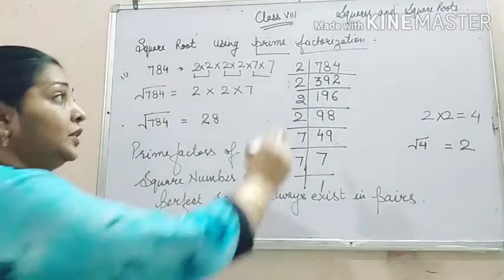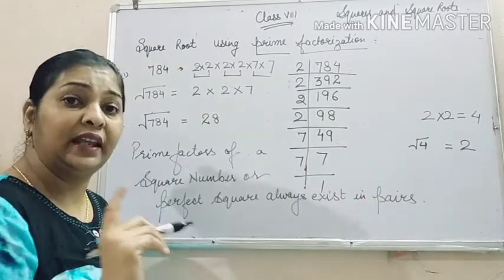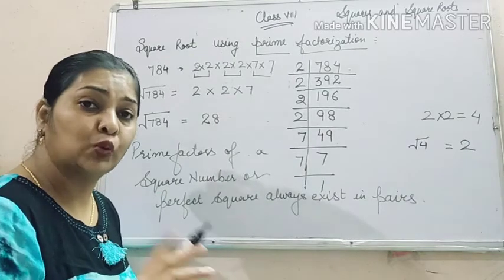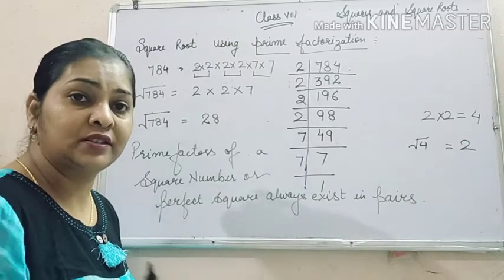Okay, if we find that the factors are not in pairs, that means that number is not a square number or perfect square.